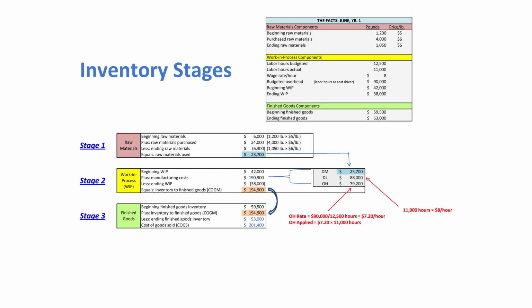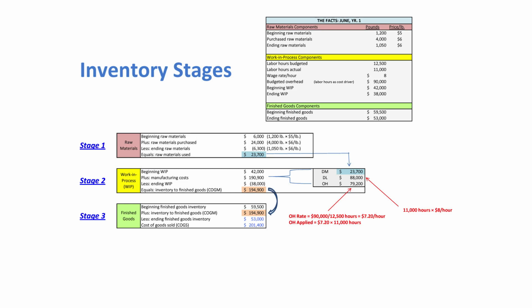And don't forget, if you have no beginning or ending finished goods, then your cost of goods manufactured would be your cost of goods sold. But in this case, we do have beginning finished goods. So our beginning finished goods, given information, 59,500. We add our cost of goods manufactured of 194,900. Again, I like to get a subtotal, cost of all goods available for sale, and then either we sold it or we didn't.